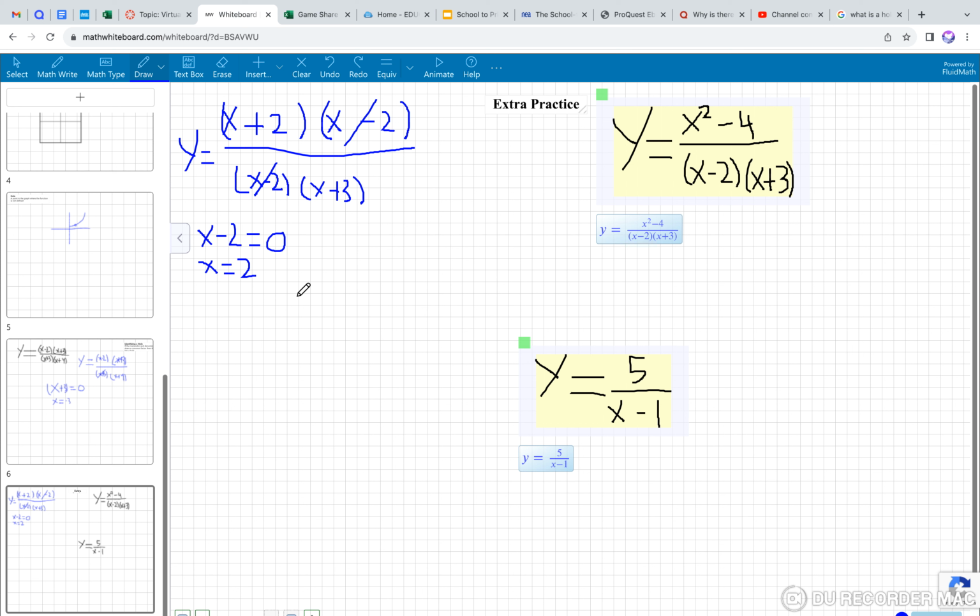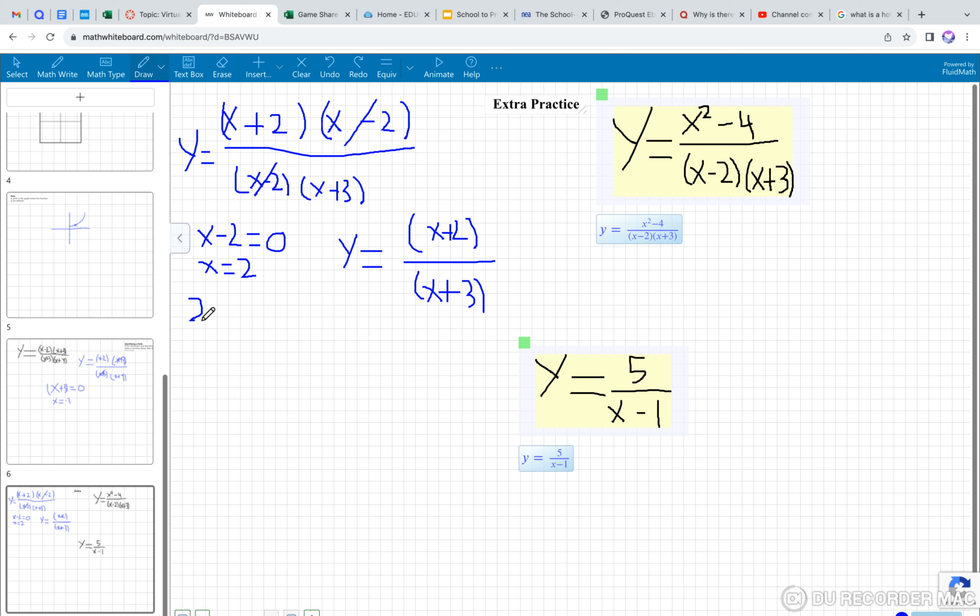So if we plug in x equals 2 to what we have after canceling, which looks like x plus 2 over x plus 3, we plug in 2 to the top and bottom for x, so 2 plus 2 is 4 over 2 plus 3, so 4/5. So y equals 4/5.